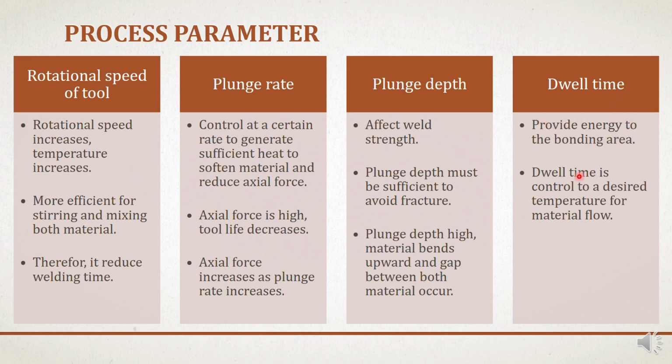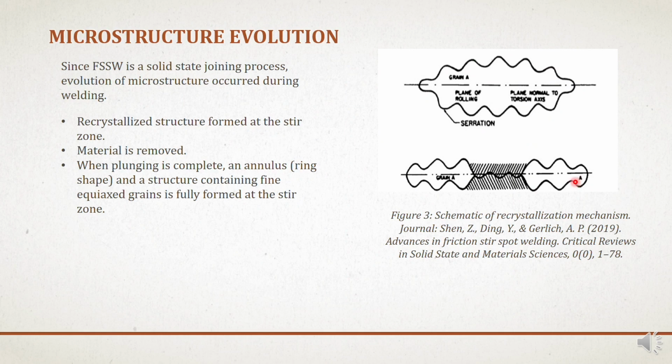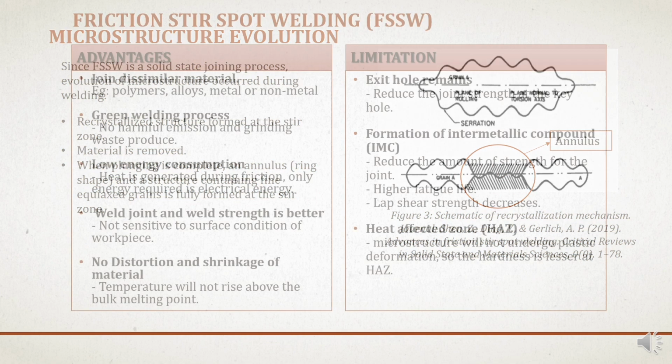So the dwell time is controlled to reach a desired temperature for material flow. Microstructure evolution: since friction stir spot welding is a solid-state joining process, evolution of microstructure occurs during welding. A recrystallized structure forms at the distal zone, where an annulus occurs, and a structure containing fine grain is fully formed at the distal zone.